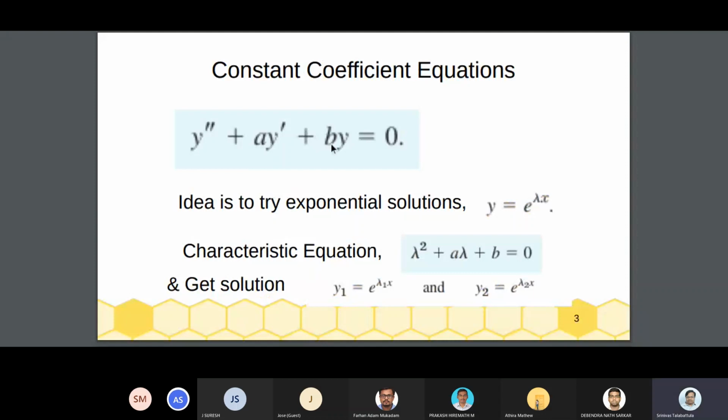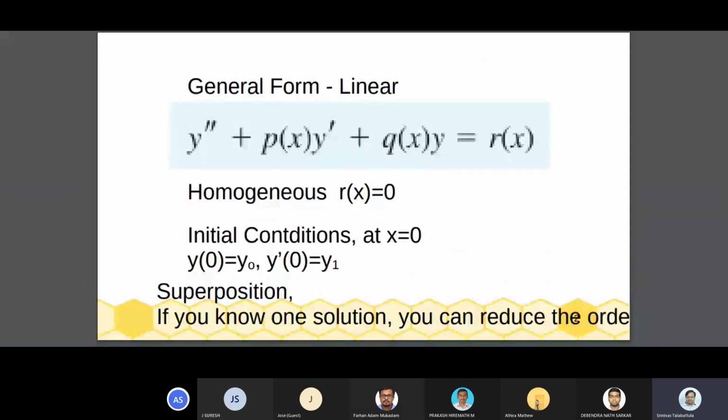This is called a constant coefficient differential equation. And of course, you can have a right hand side like what we said earlier. In the beginning, we said that we can have a general solution and a particular solution. So such equations are solved by using the solution of the left hand side for the homogeneous equation with r equal to 0, which is called a general solution.